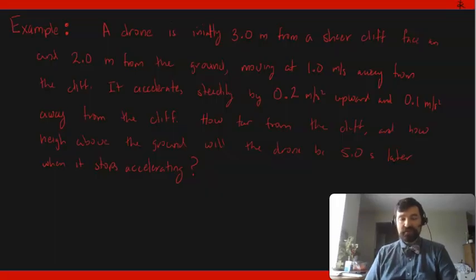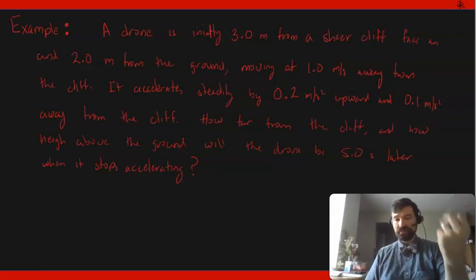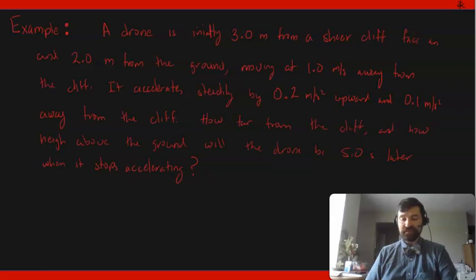The example that I've written for this is in kind of a long paragraph story form. You have a drone, like one of those little drones that you put a camera on and fly around to take pictures with. You're out in maybe a canyon, so that you have a very tall cliff behind you, and then a nice flat ground that the drone is hovering over.